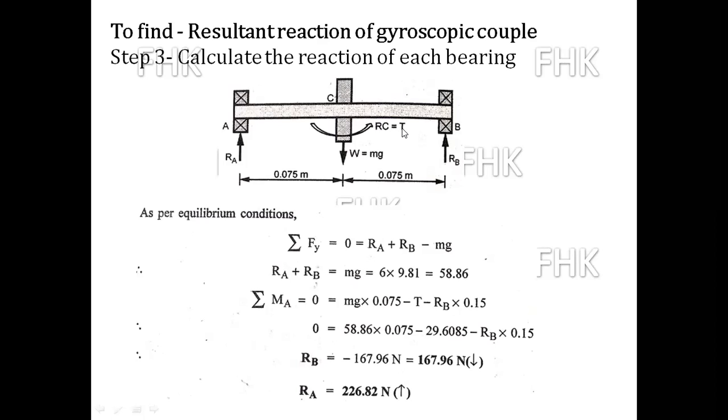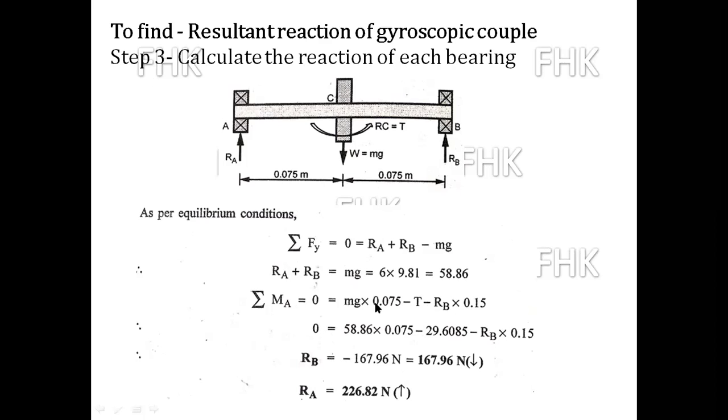Its magnitude we already found by I omega omega p, and its direction is anticlockwise. So taking the moment of the reactive couple at point A, which is in anticlockwise direction, so minus T. And again, Rb into perpendicular distance, again in anticlockwise direction, so again minus Rb into the perpendicular distance, which is 150 mm, that is 0.15 meter.